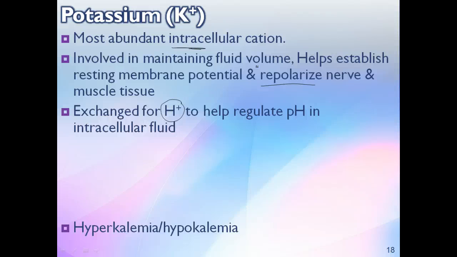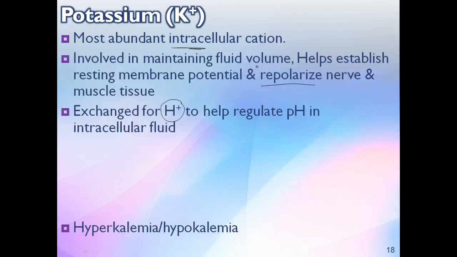Now, as far as the regulation of potassium, it is done via aldosterone, as you recall, which stimulates the excretion of potassium into the urine. And since potassium is not meant to be found in the extracellular fluid, this is why we want to excrete it when levels are above normal.